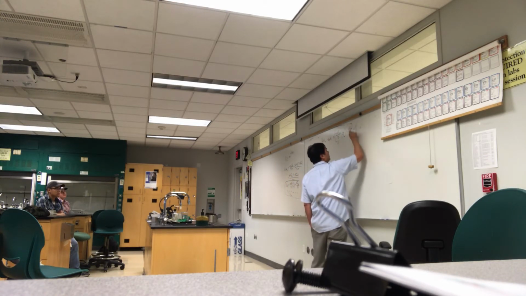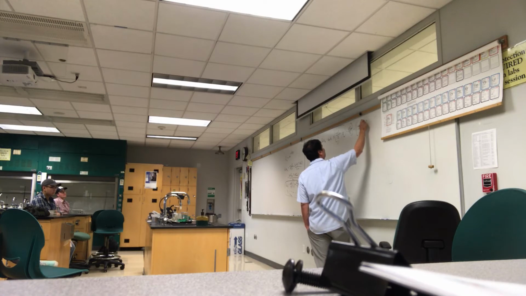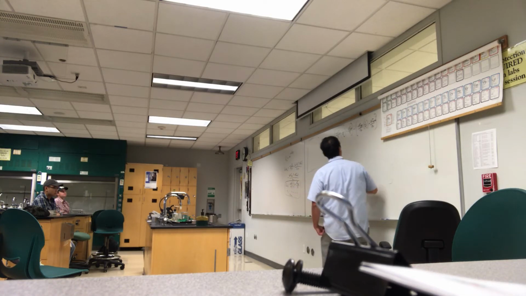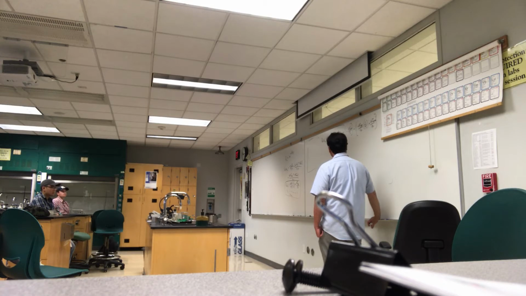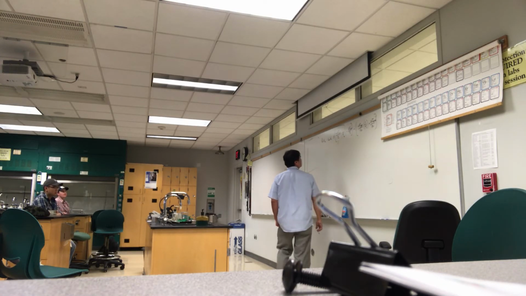And then we'll subtract ln of K1. ln of K1 would be minus delta H naught 298 over R times 1 over T1 plus delta S naught 298 over R. We assume that the delta H's and delta S's at temperatures T2 and T1 are the same.